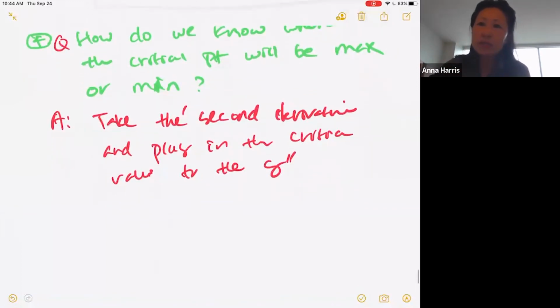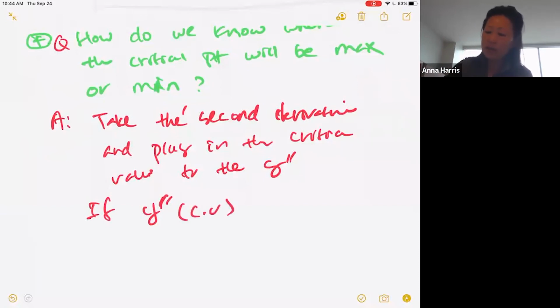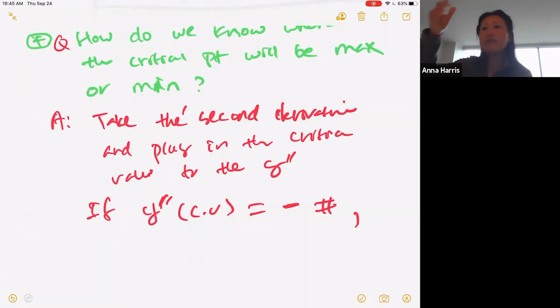If the second derivative at the critical value is a negative number, then what do you have? If the second derivative is negative, do you have a max or a min? In this case, we have a max. The critical value is a max.